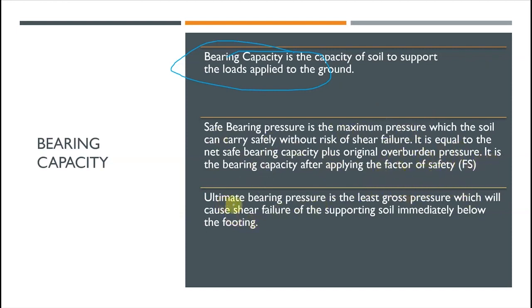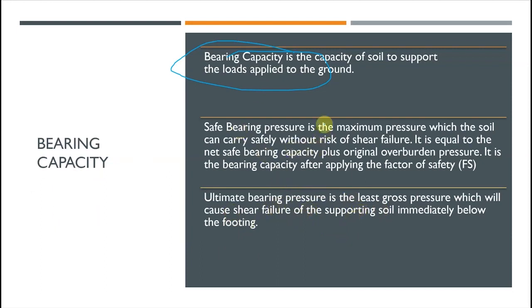And then we have the ultimate bearing pressure, which is the least gross pressure which will cause shear failure of the supporting soil immediately below the footing. Gross pressure, which is pressure yang akan menyebabkan shear failure. Ultimate bearing pressure ni kita kira on the footing itself.